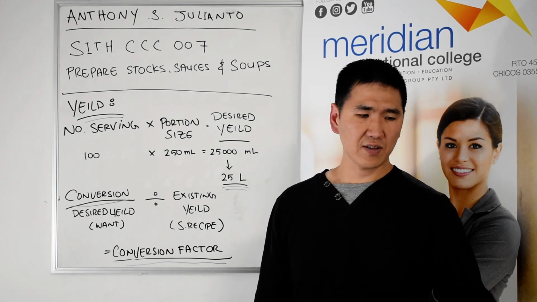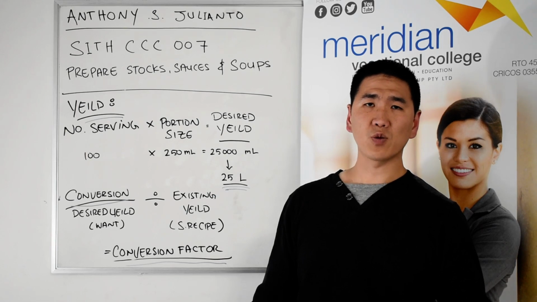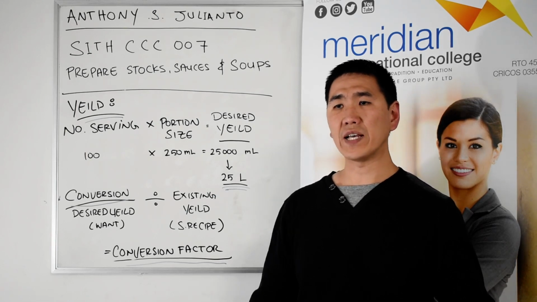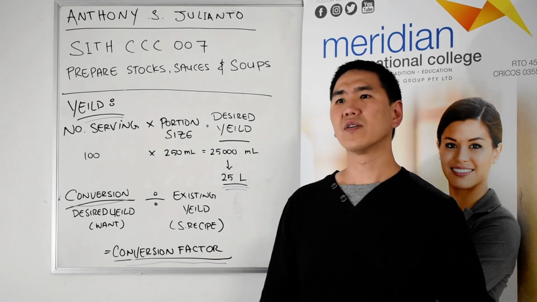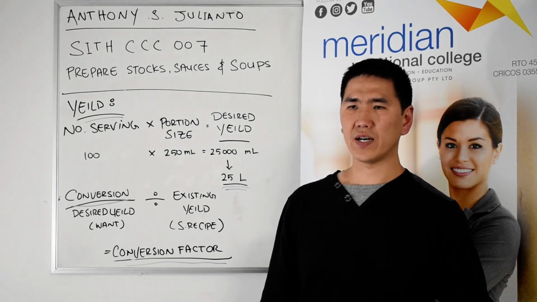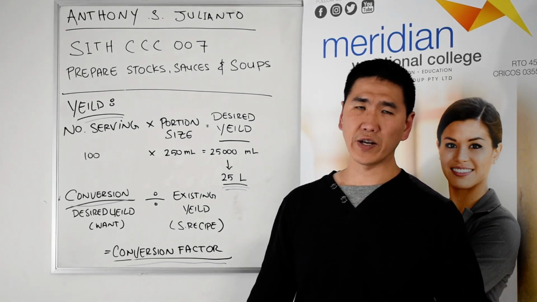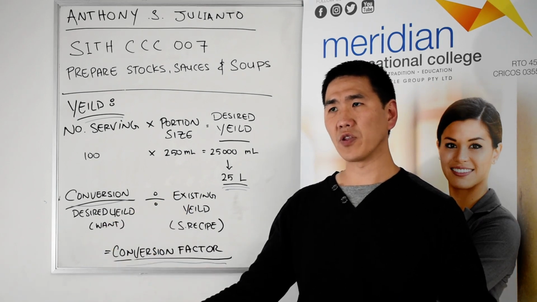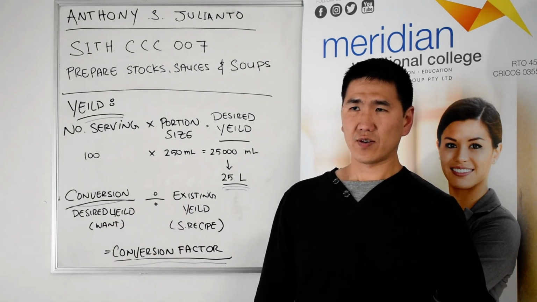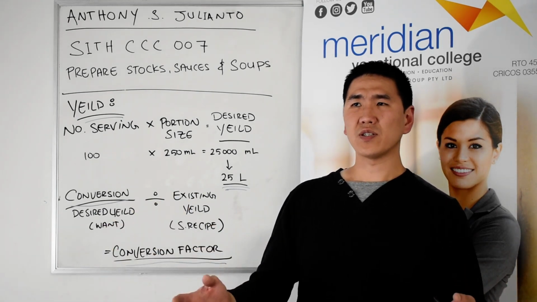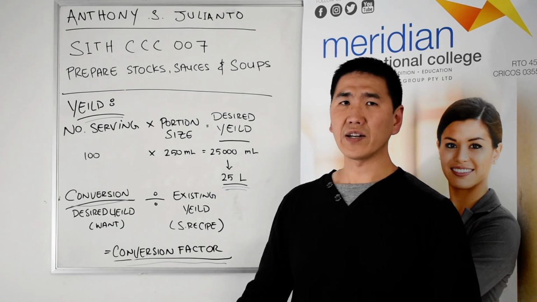So this covers your stocks, soups and sauces, from your foundation stocks and your foundation soups and your foundation sauces and the derivatives that come with them. So from these stocks, soups and sauces, we make sure that we use the correct garnishes I mentioned before.